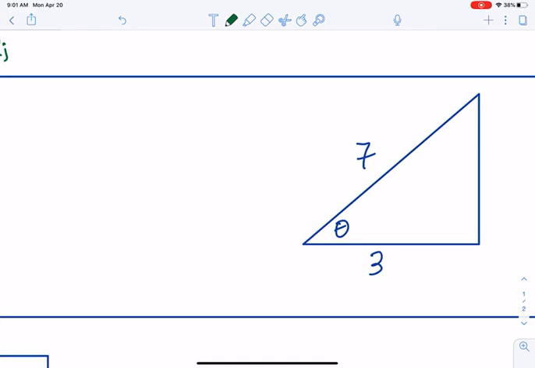So now here's my theta. That means 3 is the adjacent and 7 is the hypotenuse. That's an ugly H. So let's decide SOHCAHTOA.